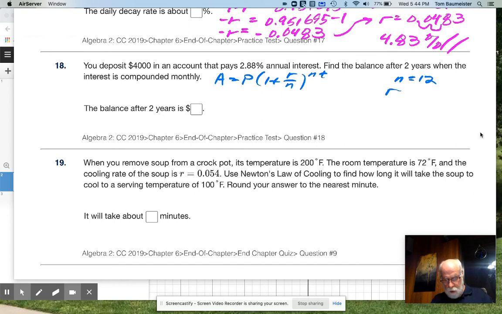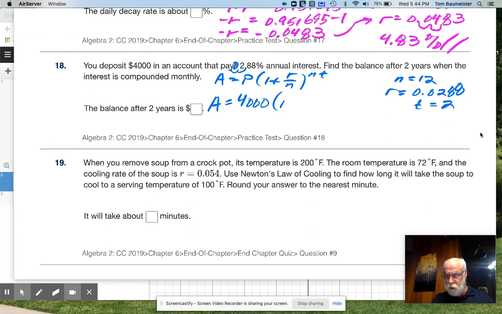Our R is going to equal 2.88%. Remember, now I have to change that to a decimal. So it's going to be 0.0288. And then our T is equal to 2 years. So if I plug that in, remember our initial amount, our principal is $4,000.